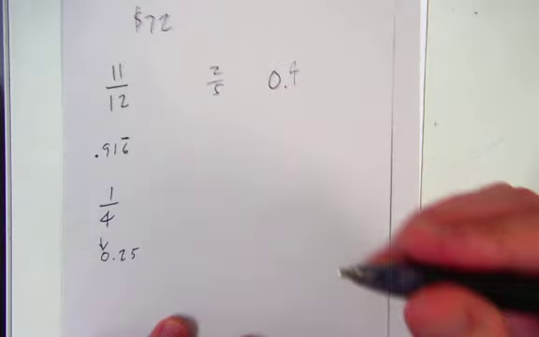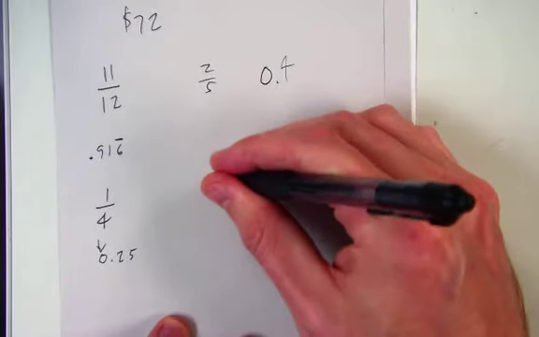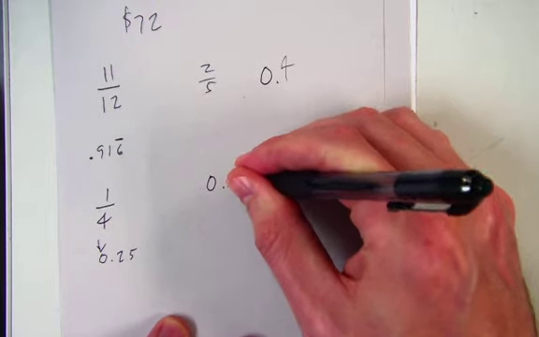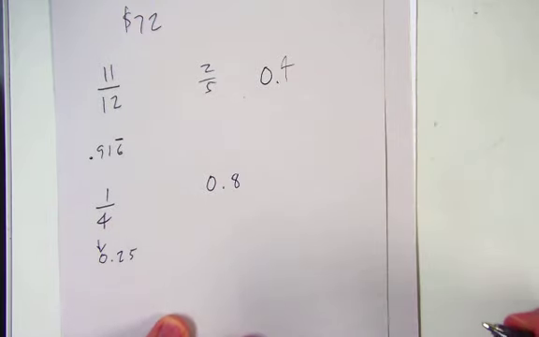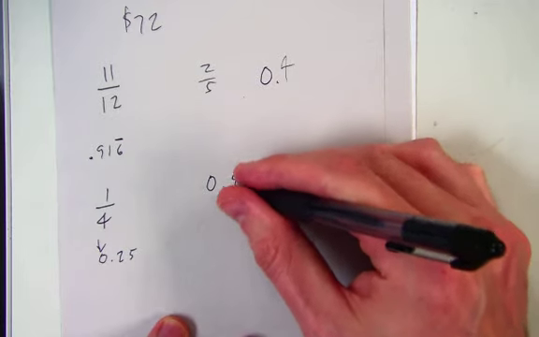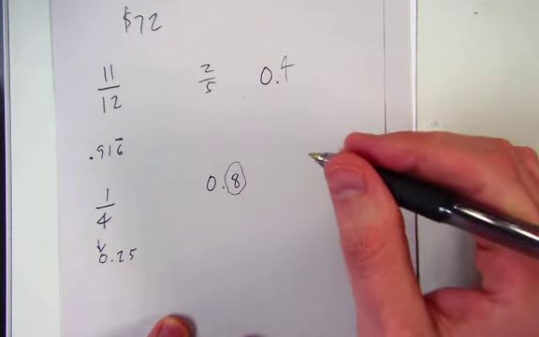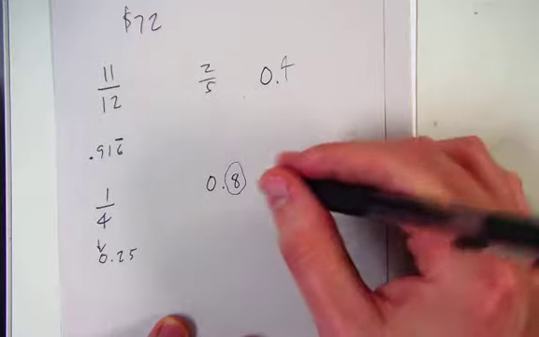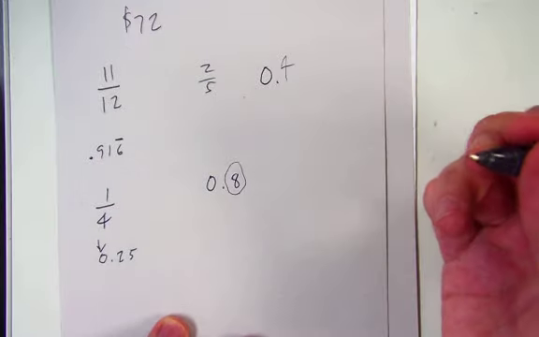So let's talk about how to go the other direction. Let's say we have a decimal like 0.8, and we want to change it into a fraction. So what I'm going to do is think about what place value this last digit is in. In this case, it's the first spot after the decimal. That's the 10th spot.